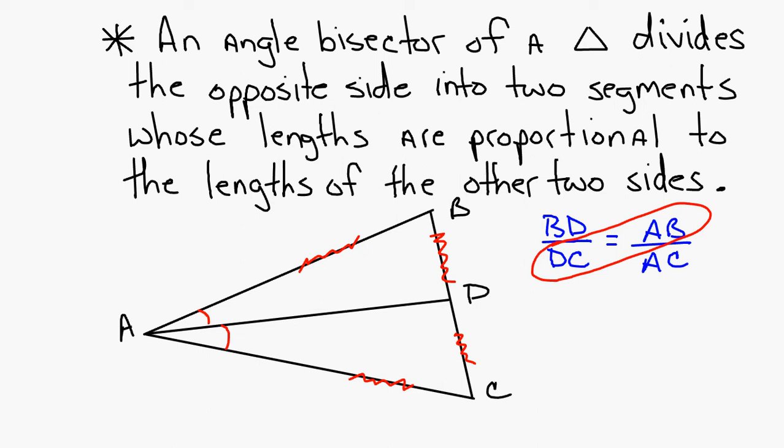The segment it created over the side next to it is equal to the segment it created on the right or bottom over the side next to it. That picture is easier for me to remember than this piece over this piece equals this piece over this piece. The first way is way easier for me. So, whatever you want to do.